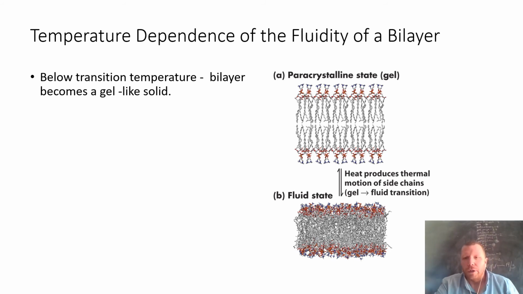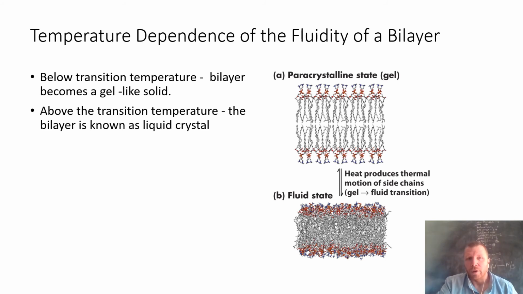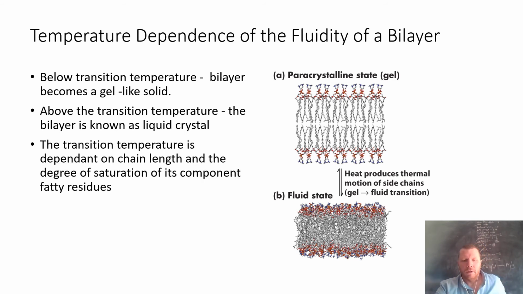Whereas when you go to a warmer temperature, all of those lipids are going to mix very well together, and so you don't have this solid gel-like state. Instead, you have a very dynamic fluid state, and that transition temperature is dependent on the chain length and the degree of saturation of its component fatty acid residues.